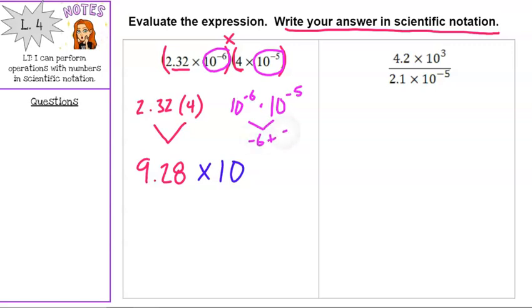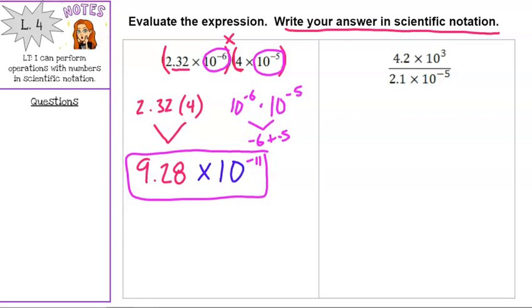Add them. So I'm going to do negative 6 plus negative 5, which gives me negative 11. And that right there gives me my answer in scientific notation: 9.28 times 10 to the negative 11th.